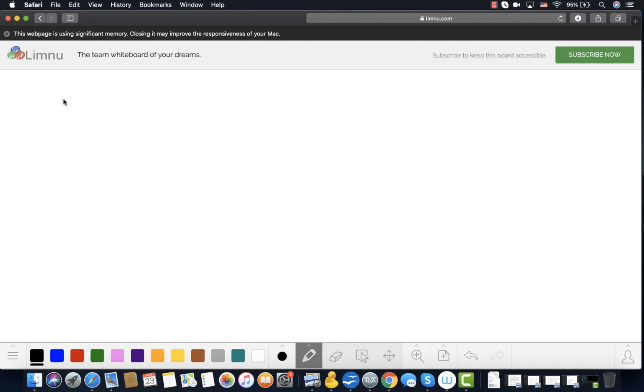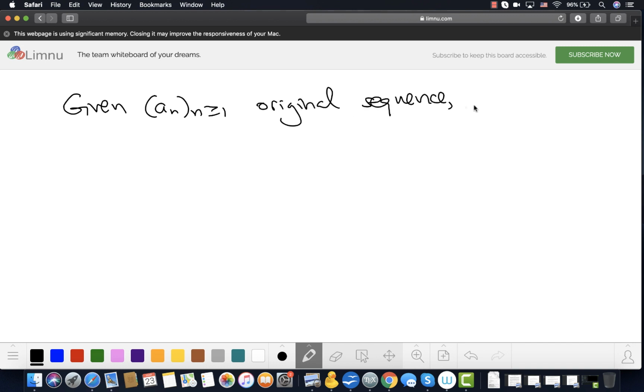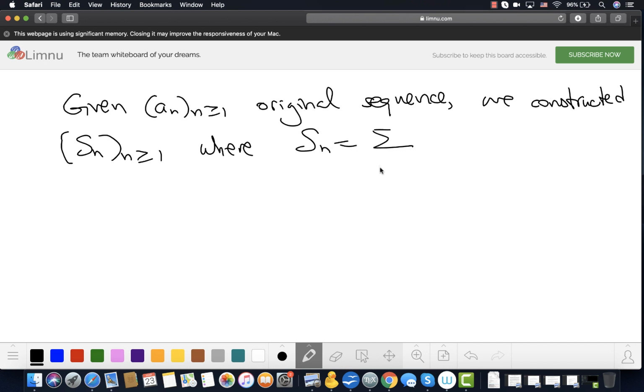So let me recap what we've done. Given a sub n, the sequence, this is our original sequence, we constructed a sequence of partial sums, which I called Sn, where Sn is just the sum i goes from 1 to n of a sub i.